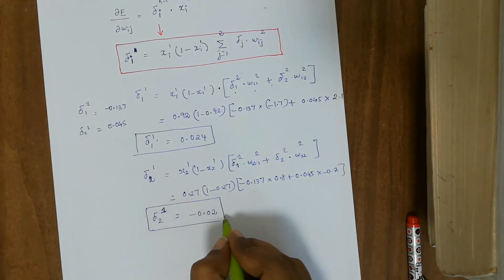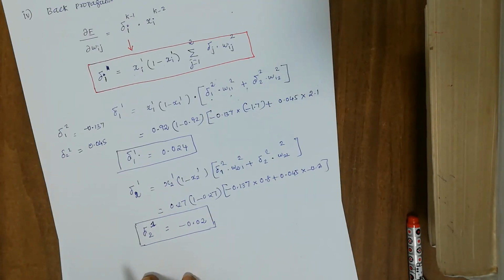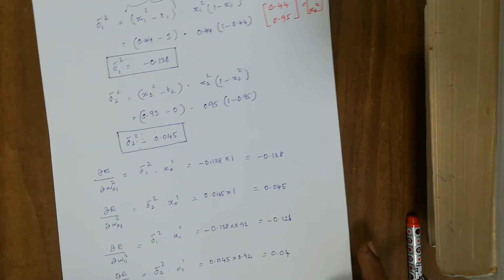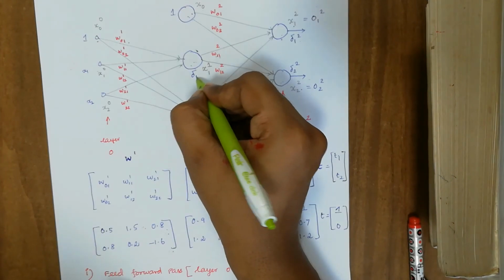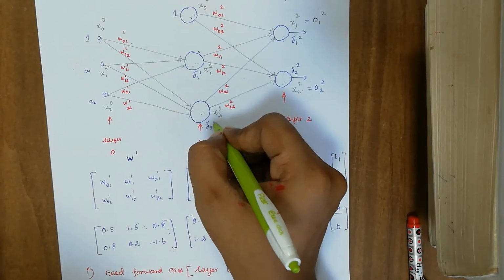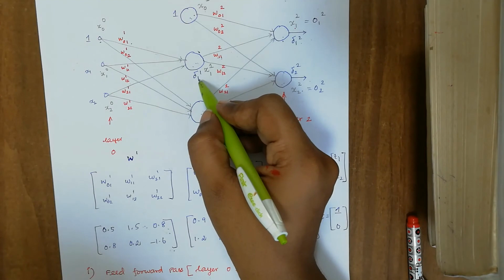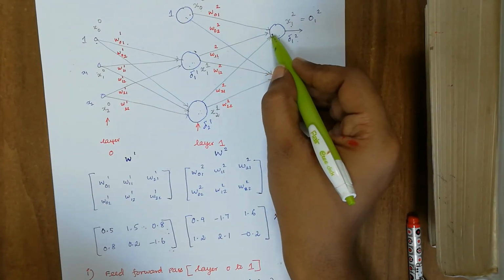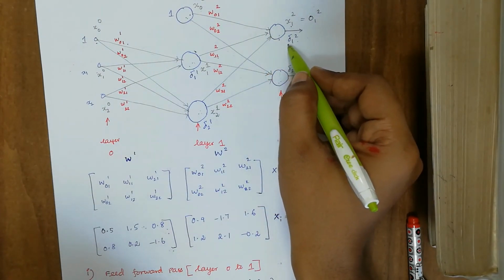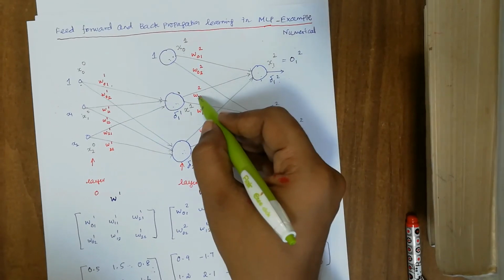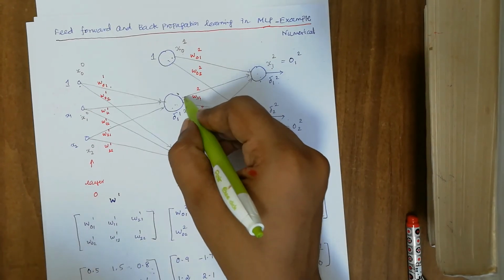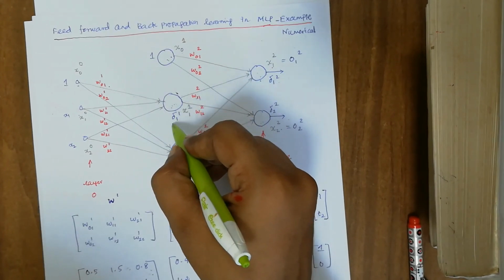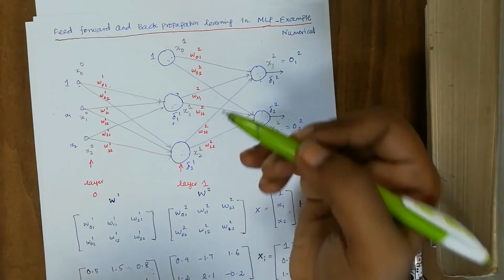Now what we found is del 1 1 and del 2 1, in this layer. In order to calculate del 1 1 we take the error del 1 2 multiplied by its weight, and del 2 2 multiplied by its weight, sum it up over here, multiply by its local derivative, and what we obtain is del 1 1.